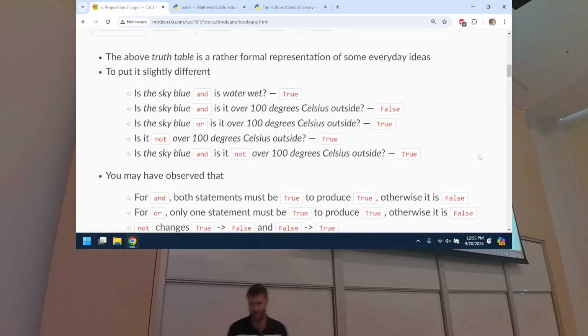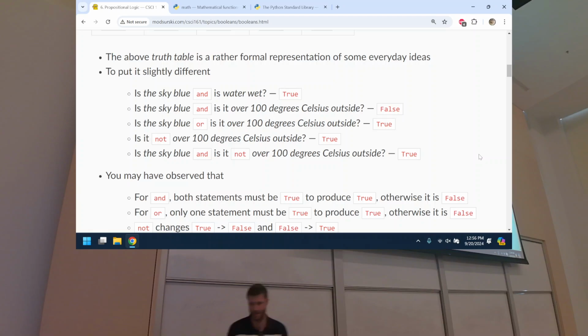Is it not over 100 degrees Celsius outside? True, because it's not. And is the sky blue and is it not over 100 degrees Celsius outside? True. See how they all kind of work together? In fact, that last one, we're using compound statements where we're adding additional operators. But we could all intuitively figure it out because we operate at that level.